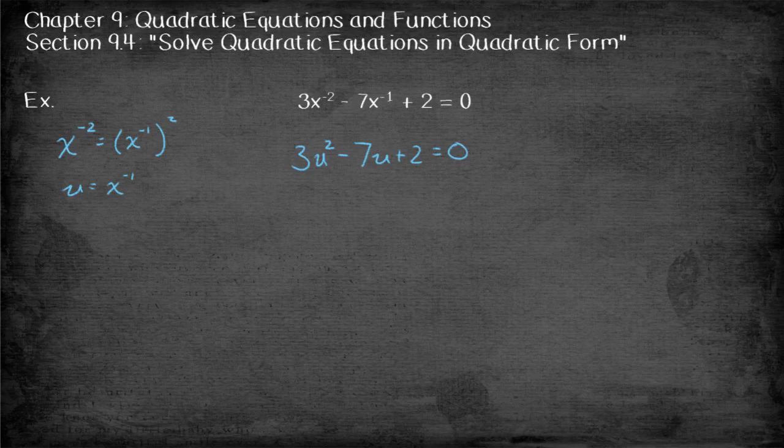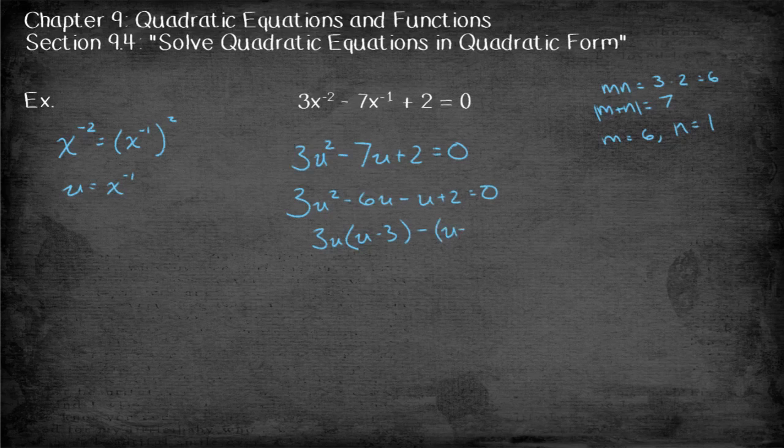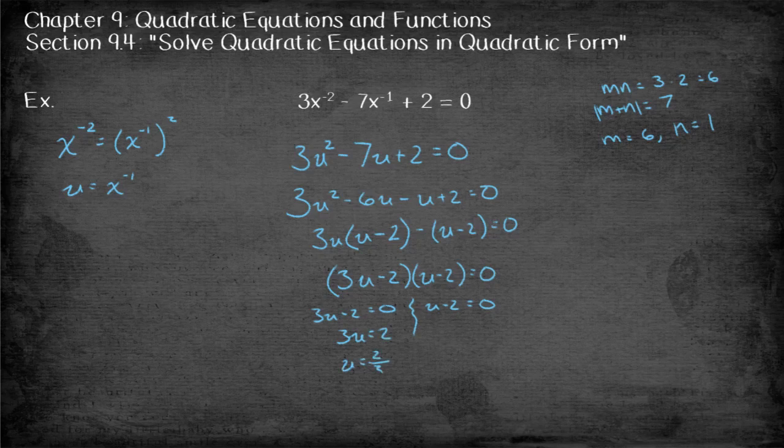All right, looks like I'll have to resort to my AC method. So let's do that on the side real quick. Okay, so 6 and 1 work. All right, so we get that u is equal to 2/3, or that u is equal to 2.